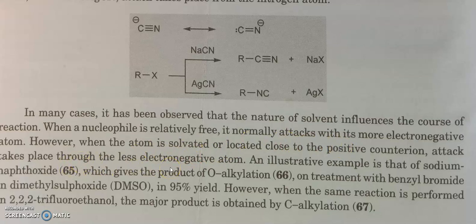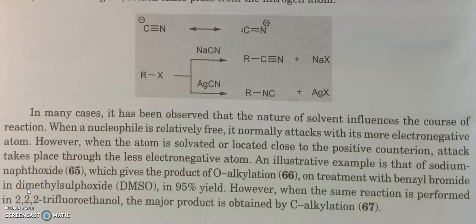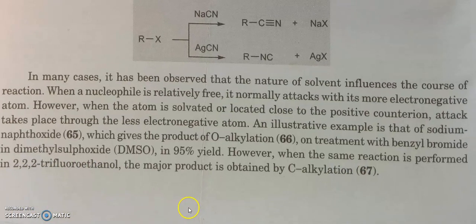So, my friend, sodium naphthoxide, which I will show you, gives the product of O alkylation on treatment with benzyl bromide in dimethyl sulfoxide, DMSO, in 95% yield. However, when the same reaction is performed in 2,2,2-trifluoroethanol, the major product is obtained by C alkylation, 67.